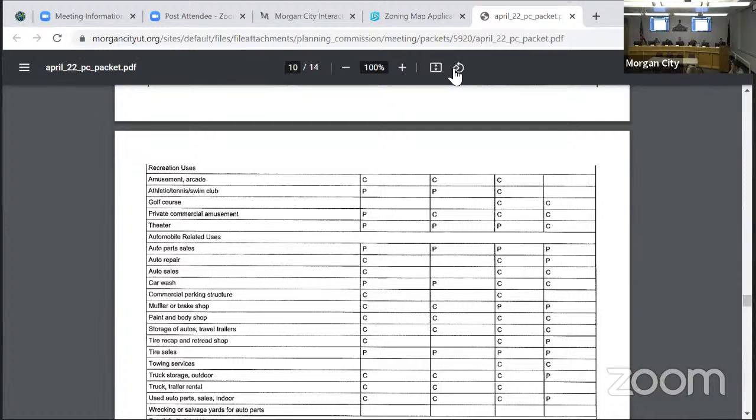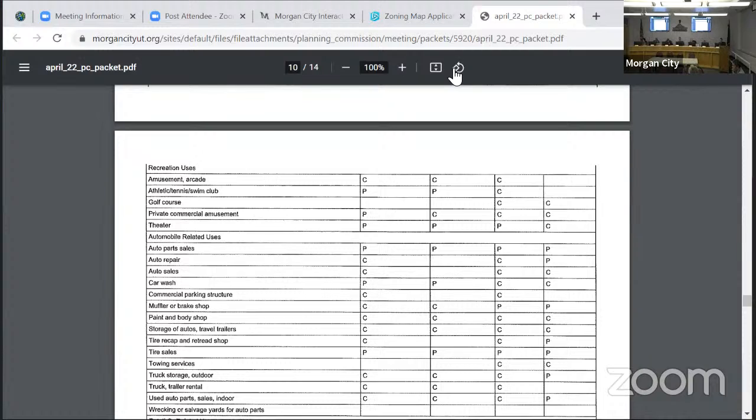So that's the only zone that currently allows it. But we never did change the classification table. And I don't know if it's because we have more commercial central area than we have overlay. So it wasn't kept in the commercial central as a use, just in the overlay zone.